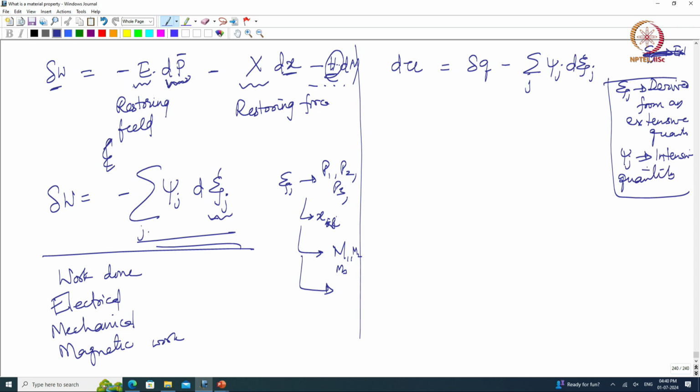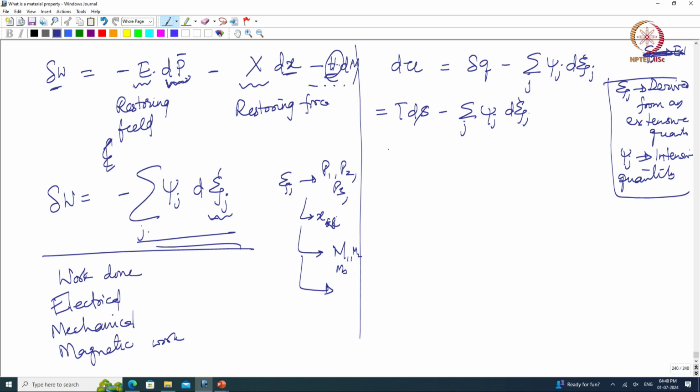Okay. Now, instead of del q, right. So, if I am just going to write this as T ds, right, and small s minus sigma j psi j epsilon j, right. So, I mean I am close enough to equilibrium that I should be able to write something on these lines.